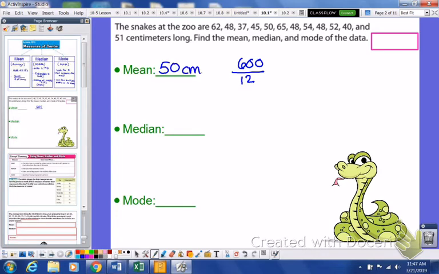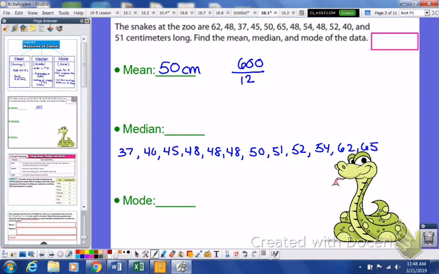Now for your median, we need to put them in order, starting from least to greatest. So in order, we would have 37, 40, 45, 48, 48, another 48, 50, 51, 52, 54, 62, and 65.